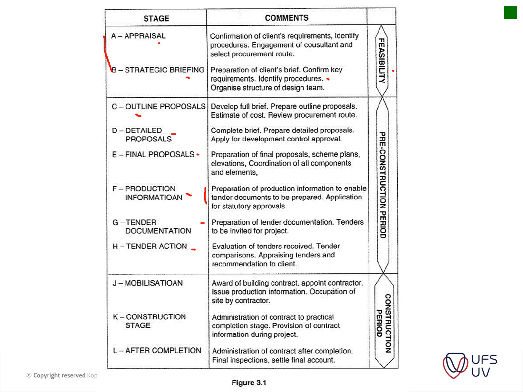And once your tender has been awarded, so you appraise your tenders, and then the mobilization includes the awarding of your building contract and the contractor is appointed. And then you've got your construction stage where it's the administration and practical completion stage. And then after completion is your closeout stage, as we have it as stage 6.